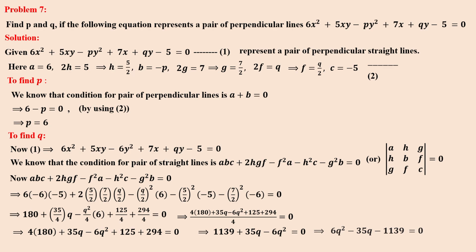We know the solution for the quadratic equation using the formula: ax² + bx + c = 0 means x is equal to (−b ± √(b² − 4ac)) by 2a, right? We are using that formula to find the value of q. So a is equal to 6, b is equal to −35 and c is equal to −1139.